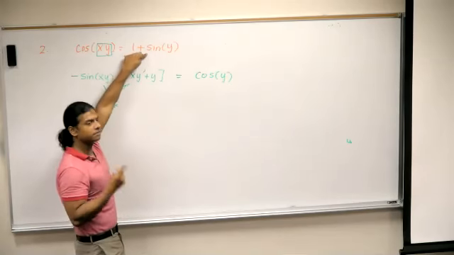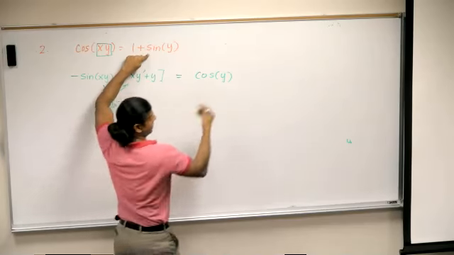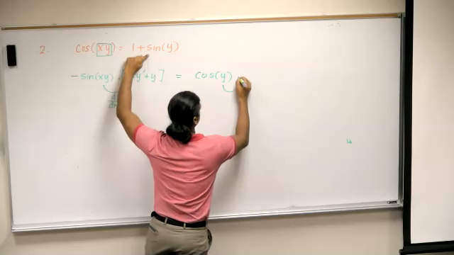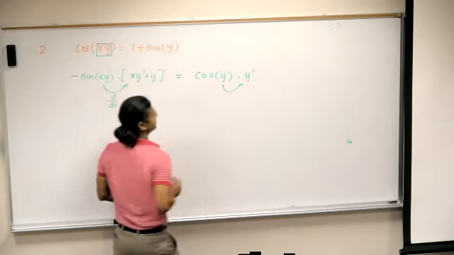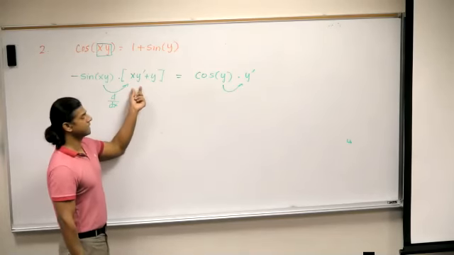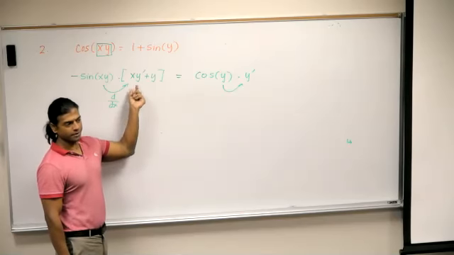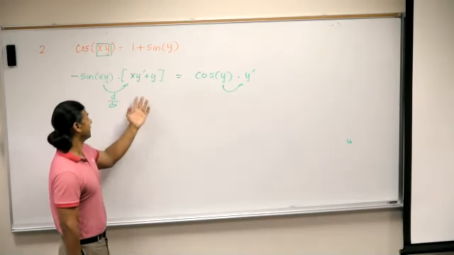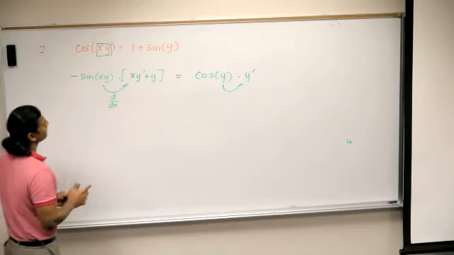But then you realize y is not just x, rather a function of x. So you multiply it by its derivative, y prime. Again, whether to write it as dy over dx or y prime, it's entirely up to you. I like y prime because it's easy.